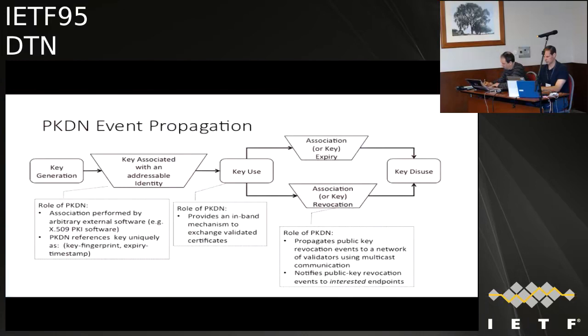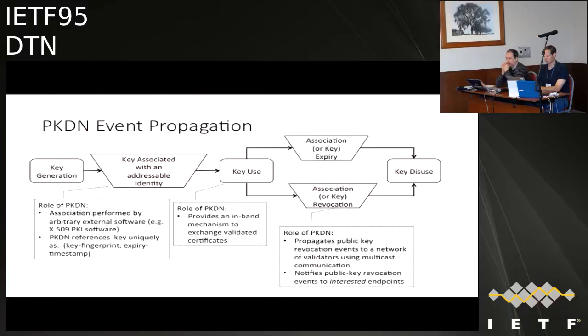Just to understand where PKDN is useful in the public key management path, this is a generic public key management lifecycle. The key is generated, and then the key is associated with an addressable identity.